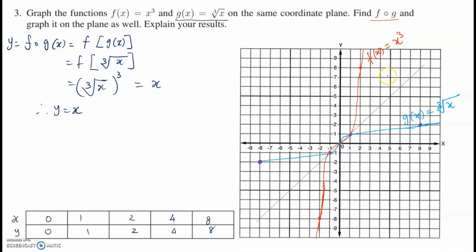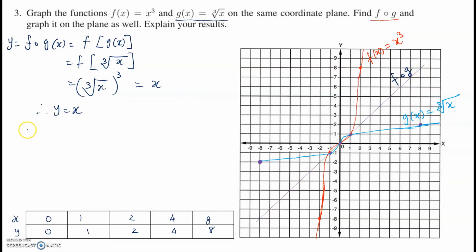So that's your f of g. So that's the function. So from the graph, you can see that f of x and g of x are reflections of each other, and the reflection is in the line of symmetry which is f of g.